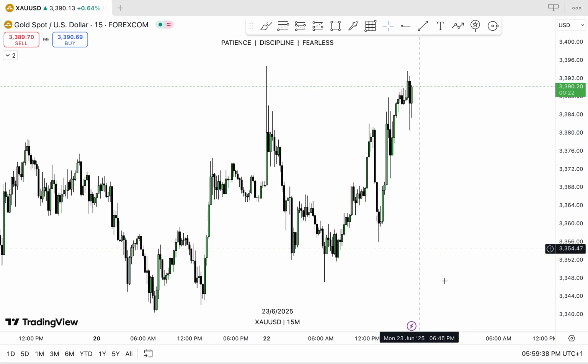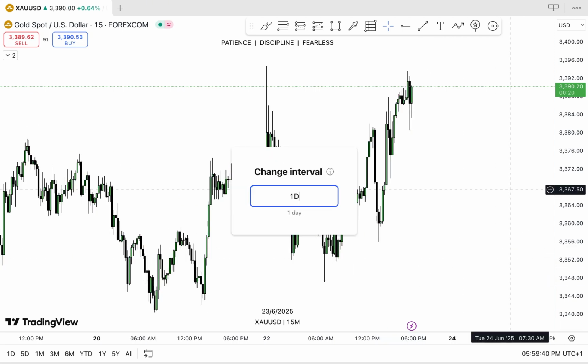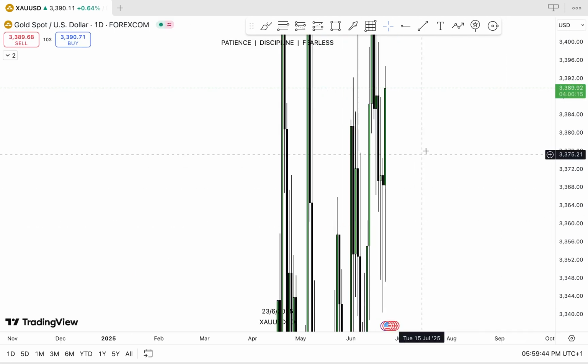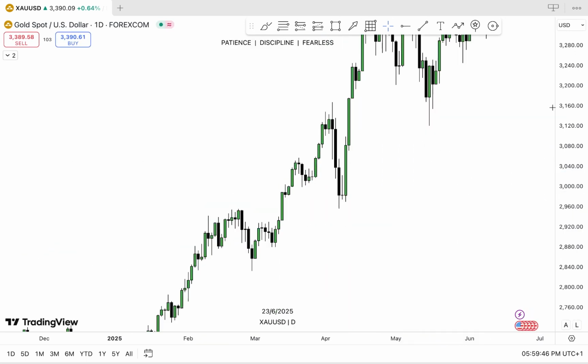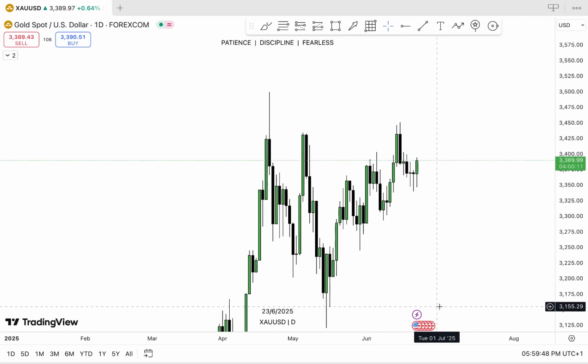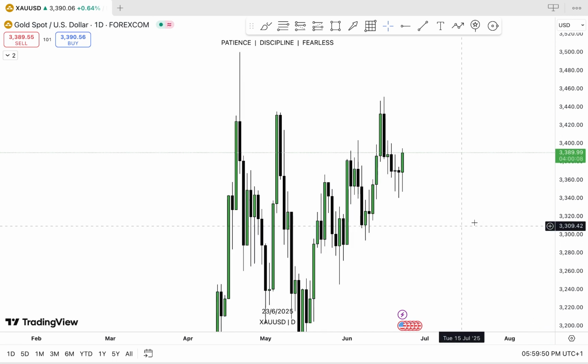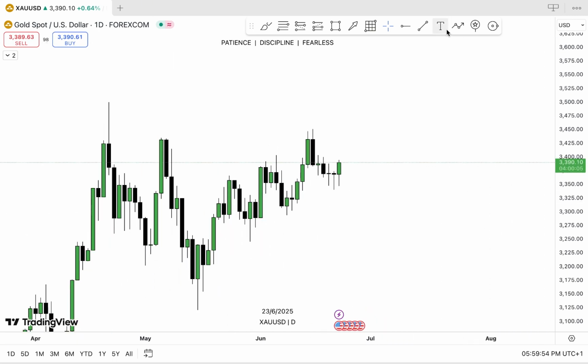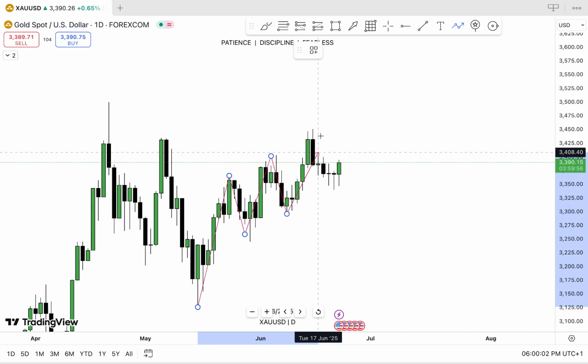Now from the higher time frame, starting from the daily time frame, I was anticipating that for a while from last week, and then it finally came to our point of interest before displacing. You can see that we are overall bullish on gold. See price forming this low, a break of structure back into the discount area, and then we have this break of structure.